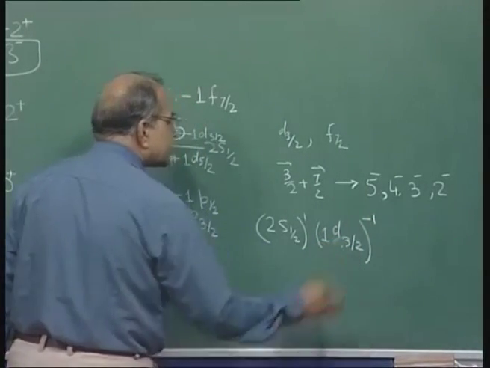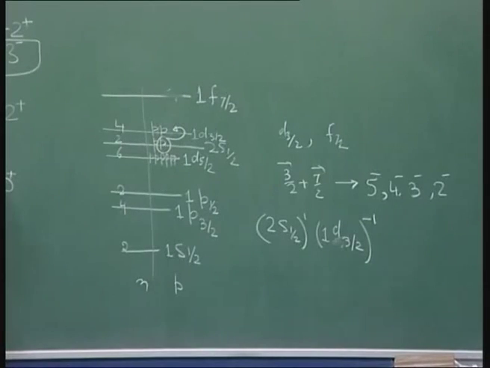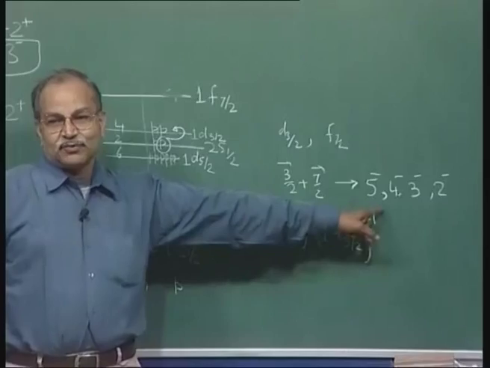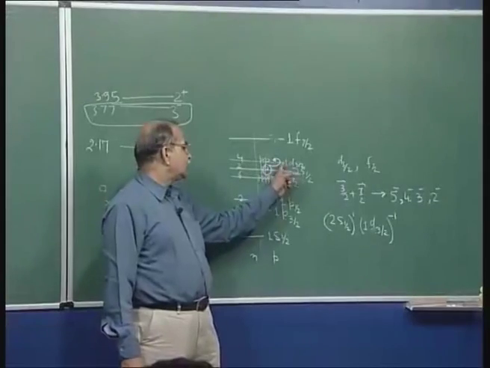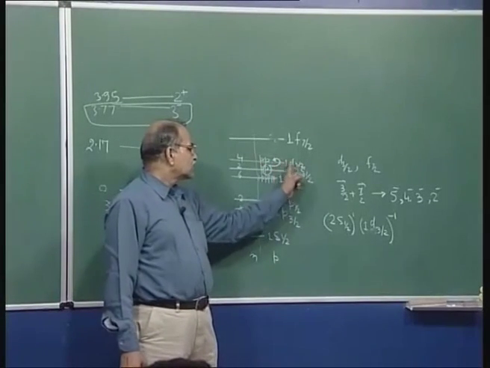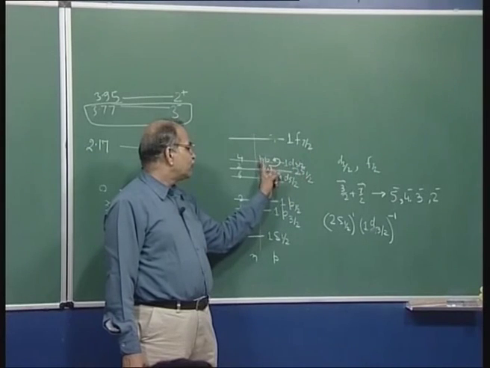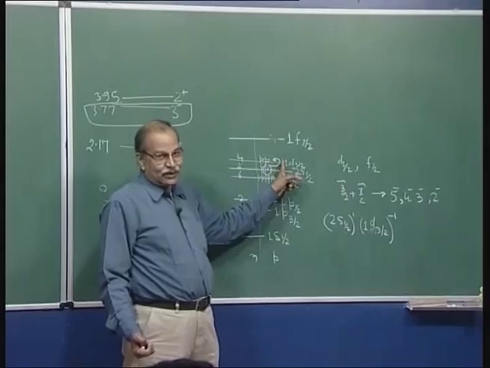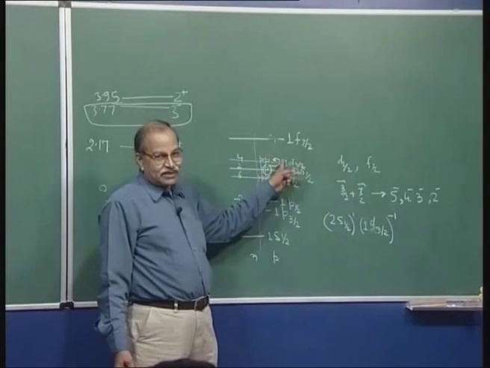People write it as minus 1, meaning the full capacity minus 1. This subshell will be closed if we have 4 protons here, so this is 1 less. These are called hole states, 1 hole in this D subshell, it does not matter.